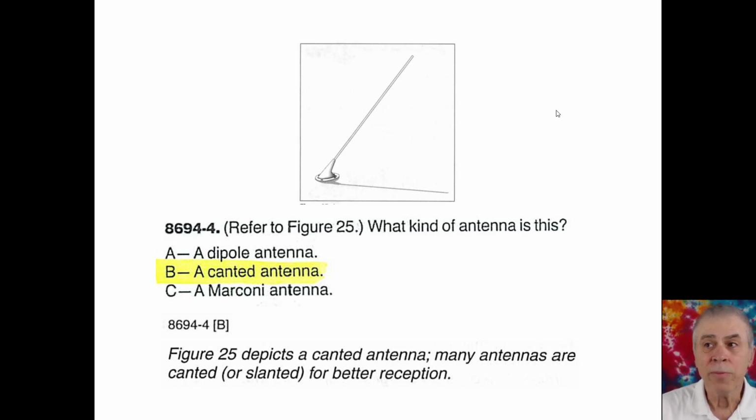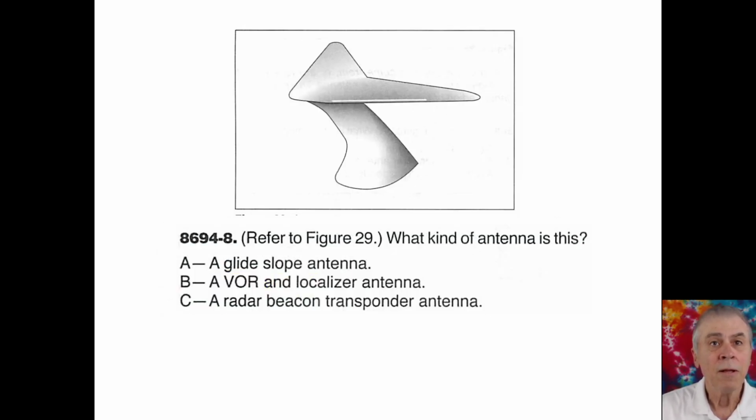All right, we're not doing too bad. I know we're not getting 100, but this is usually a little tougher than it looks. Okay, here's another one. I can tell you right away it looks like a VOR antenna, but let's see. What kind of antenna is this? Glide slope? B, VOR and localizer? I like that, as you already know.